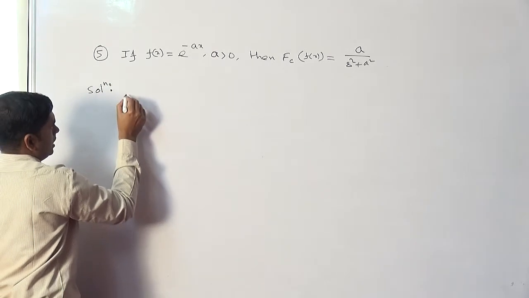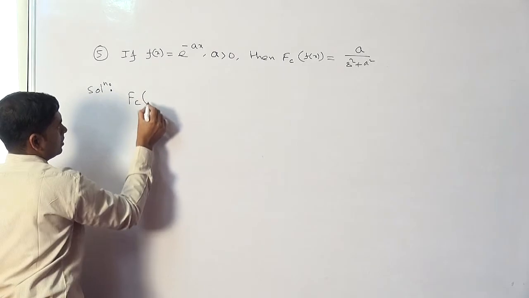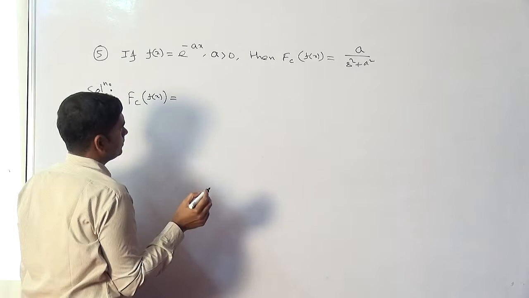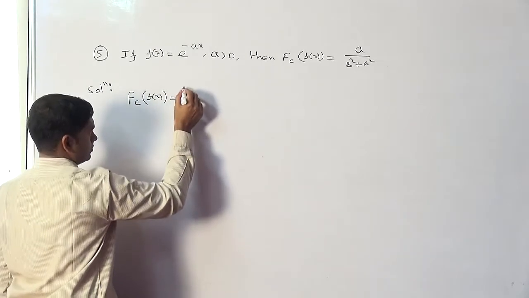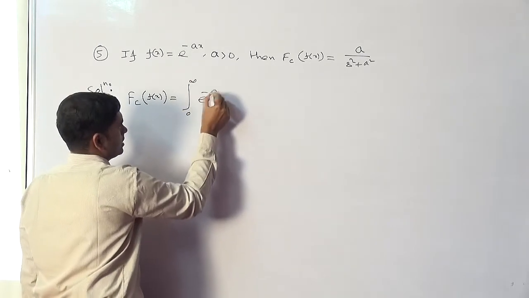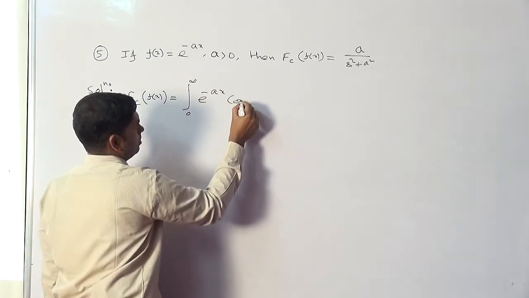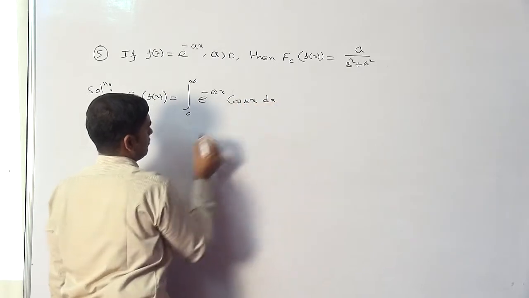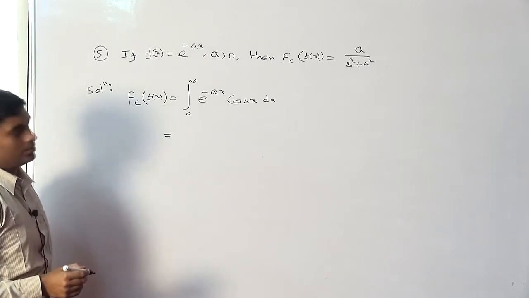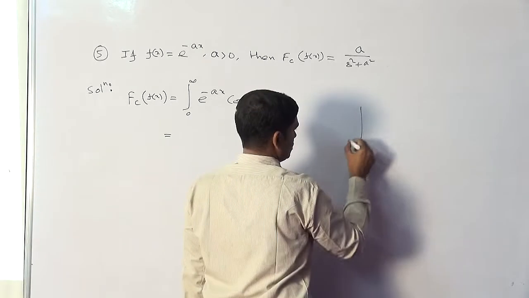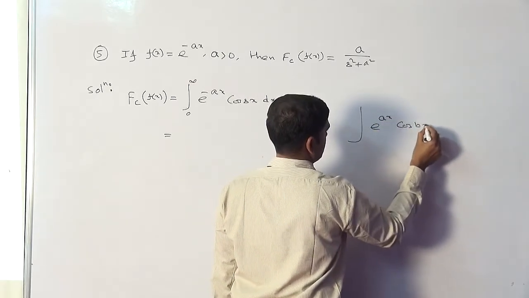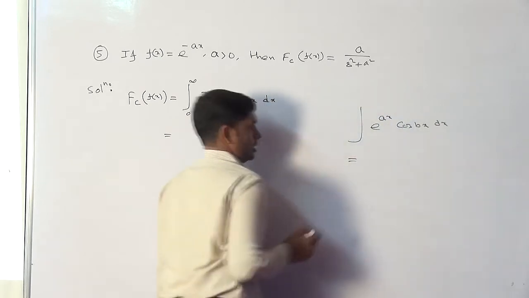So here also similarly F_c of f(x) is the integration from 0 to infinity, f(x) is e to the power minus ax, and cos(sx) dx. Now by the same method, here our integration is e to the power ax cos(bx) dx.